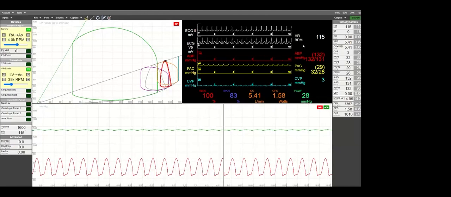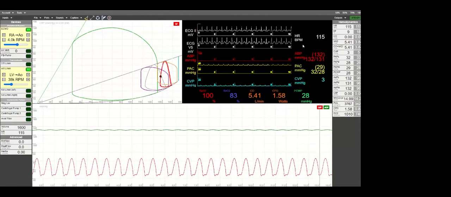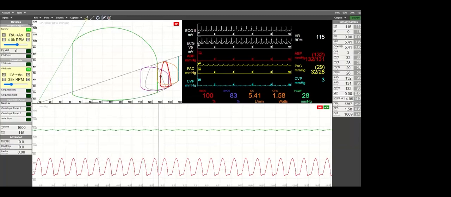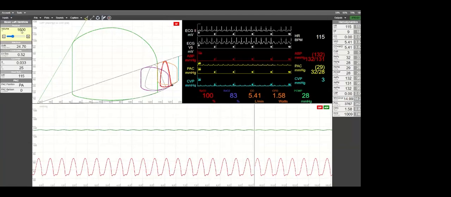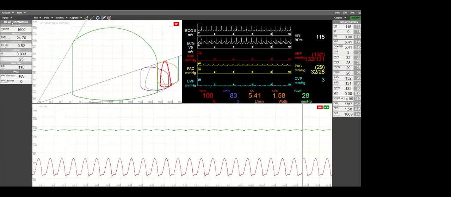And the more pressors we have on, the more clamped down peripherally vascularly they're going to be, and the less likely they're going to be able to use that oxygen uptake that we're working so hard to provide them. So with the Impella, we would be able to combat this heart rate.